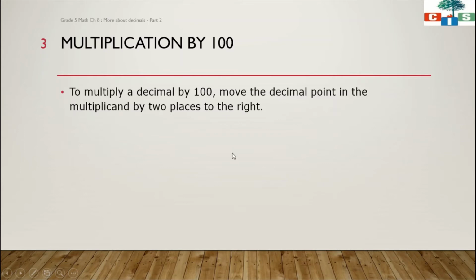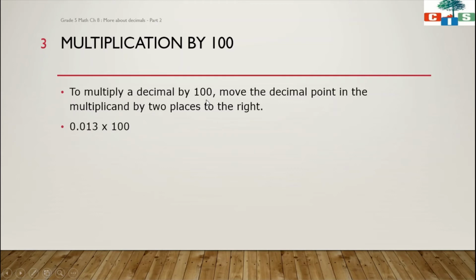Why only 2 places? Because here we have multiplier 100, and 100 has 2 zeros. Therefore, we have to move the decimal point by 2 places to the right. It is very important.